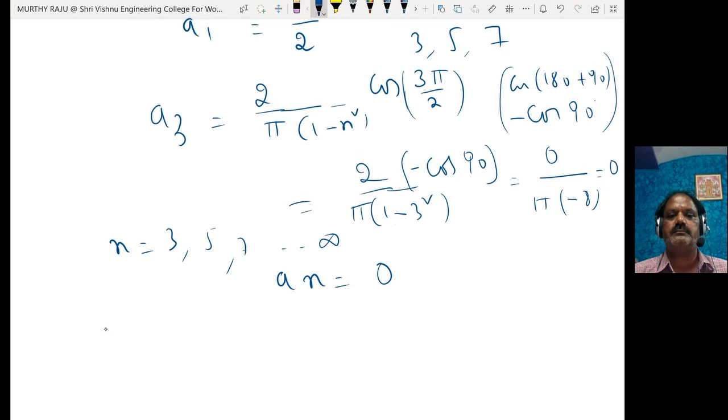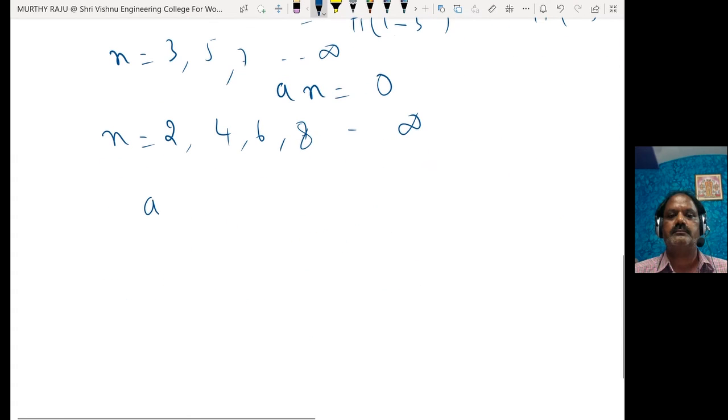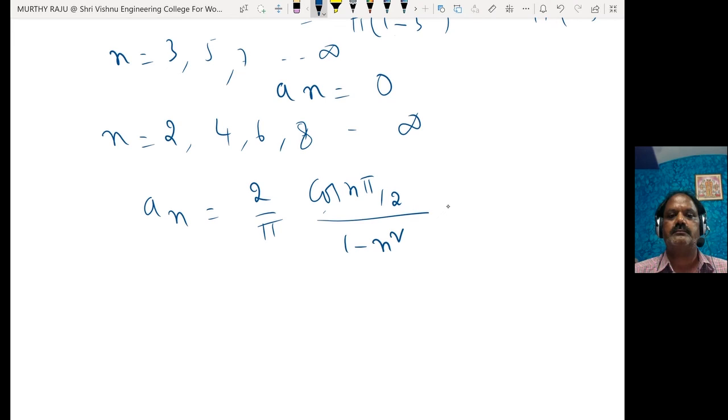Now let us see even values. For n is equal to 2, 4, 6, 8, it has some value. Therefore, an is equal to 2 by pi, cos n pi by 2 by 1 minus n square. That is equal to 2 by pi, minus 1 whole power n by 2, by 1 minus n square.